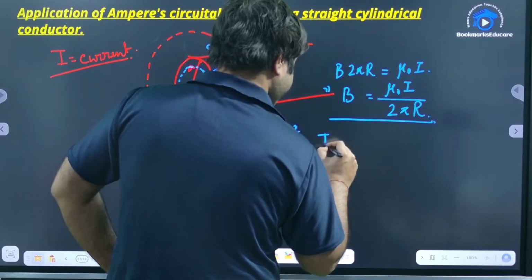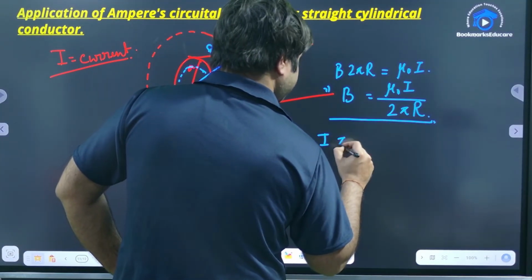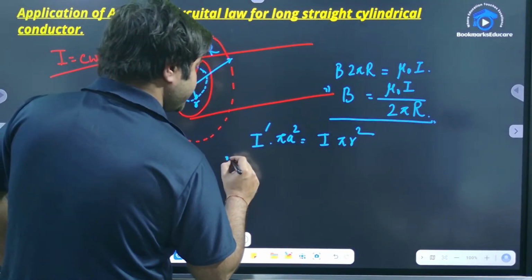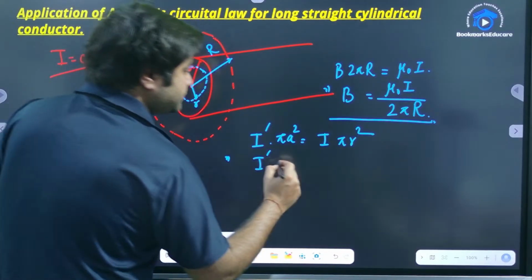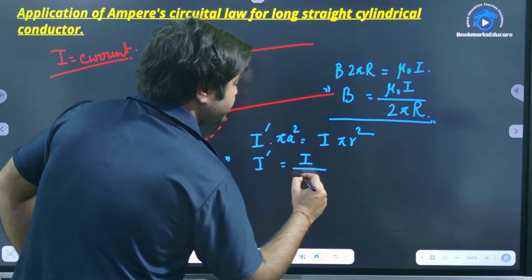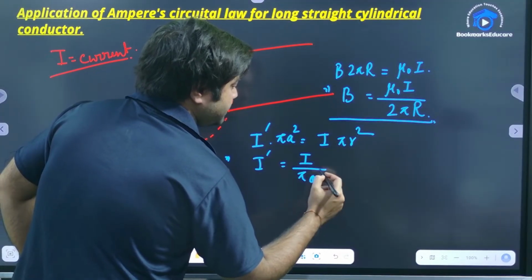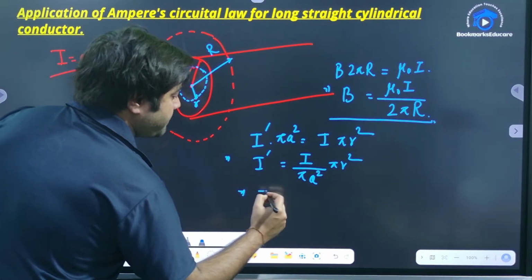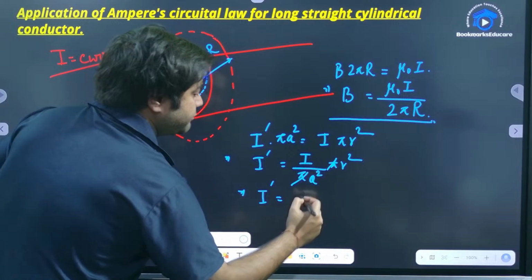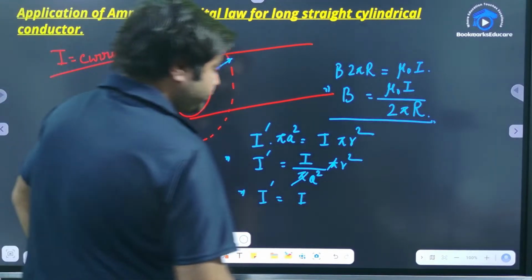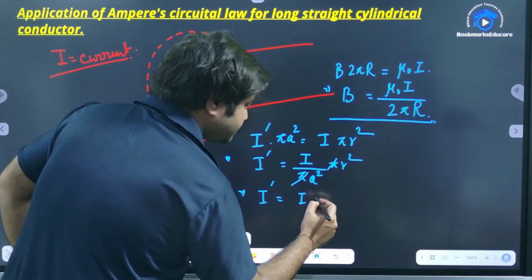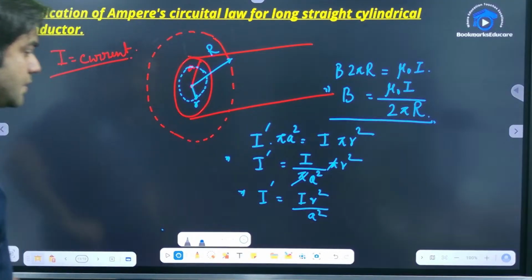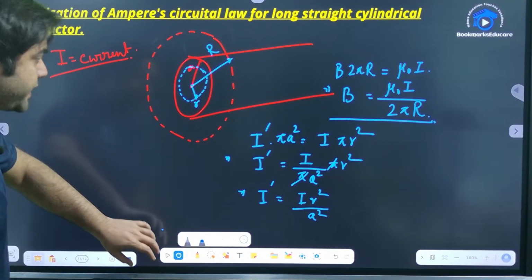That is I over pi a square, into pi r square. The pi will cancel each other, and we will have this.